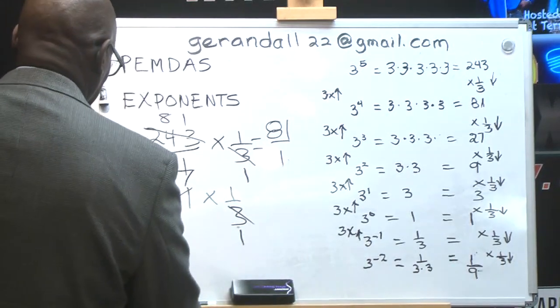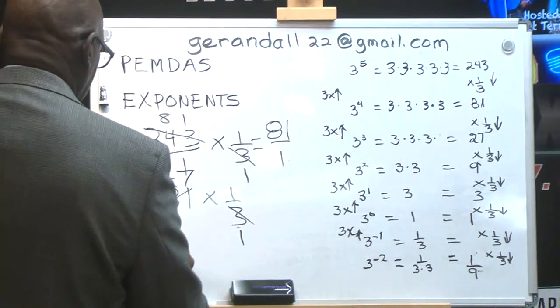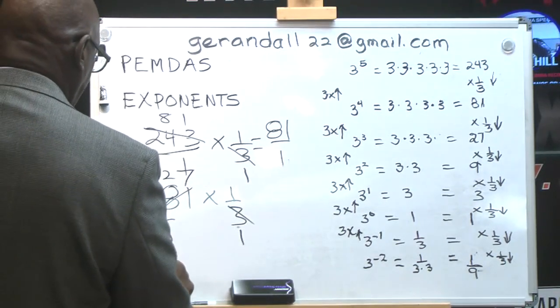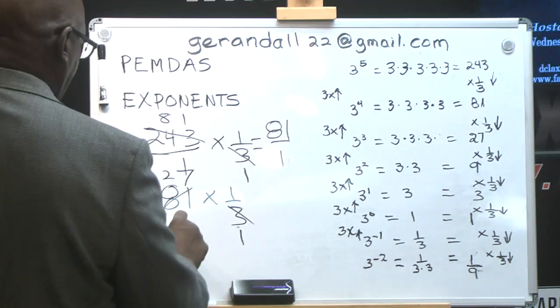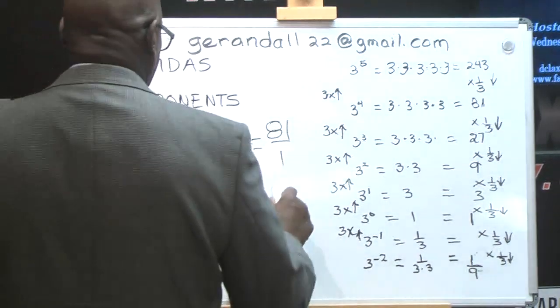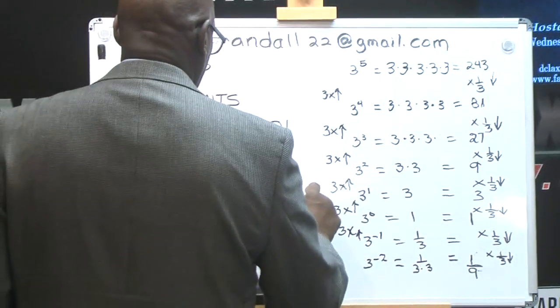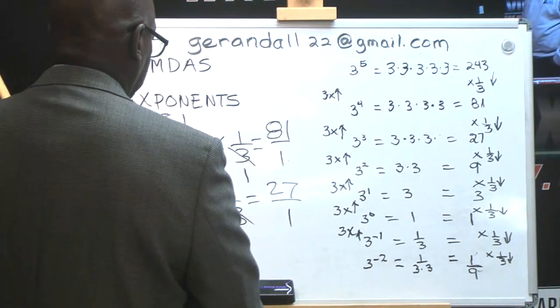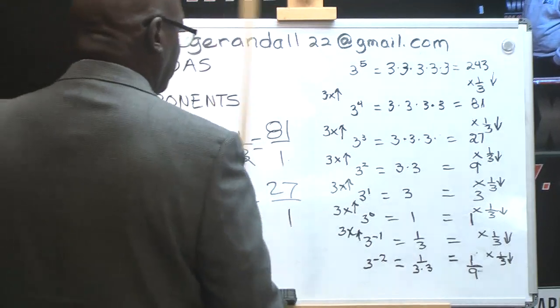In other words, let's do this over here so you can really see it. So in this case, 27 over 1. And we're now down to here.